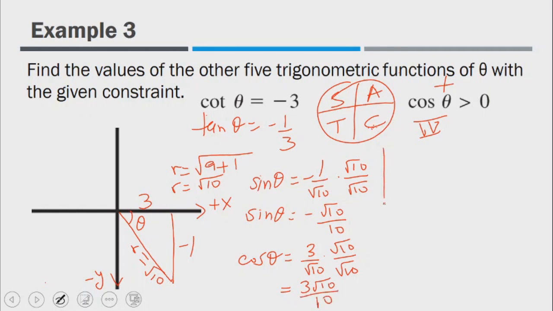Then the cosecant theta will be the reciprocal of the sine, so it's just going to be negative root 10. And the secant theta will be the reciprocal of the cosine, so it's just going to be root 10 divided by 3. We've already found tan and the cotangent, and that is the entire 6 functions for this question.